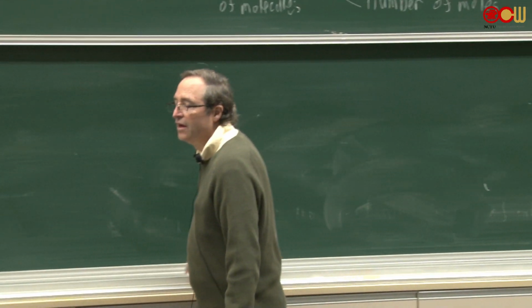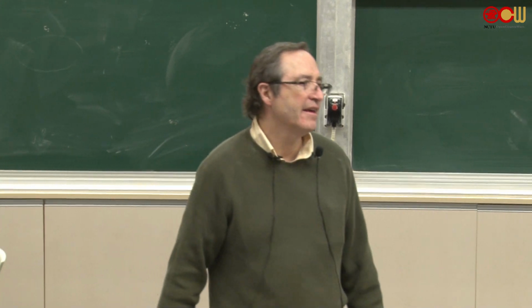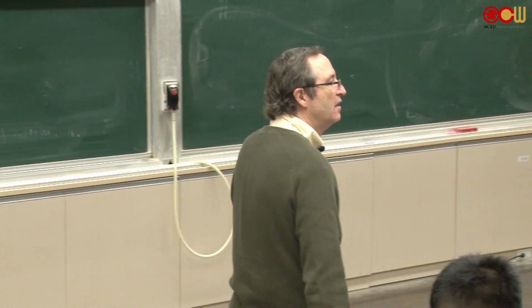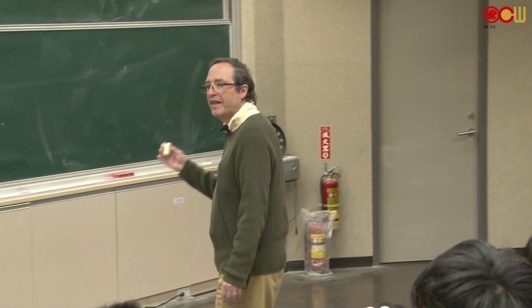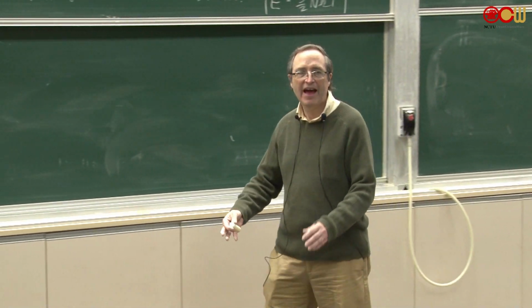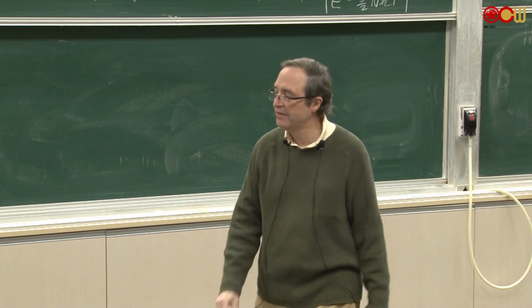Okay. All right, so what I want to do now is just to give you a little idea about how the ideal gas law came about. How could one figure that out without knowing what matter is made of, what gases are made of?